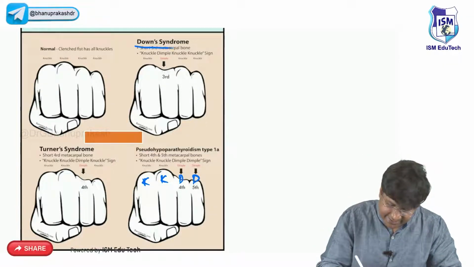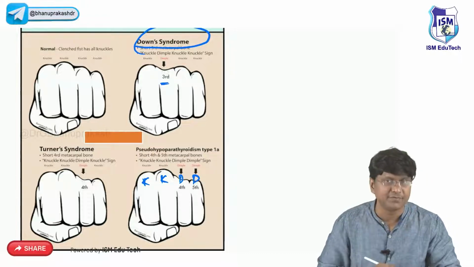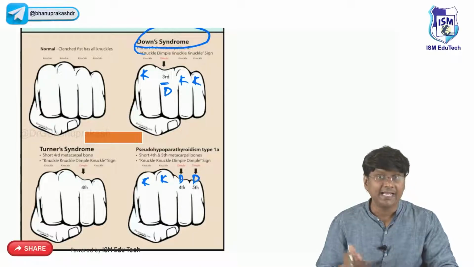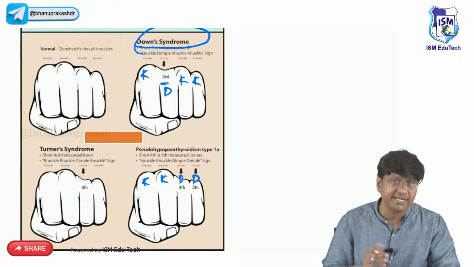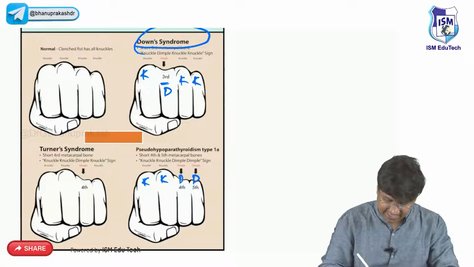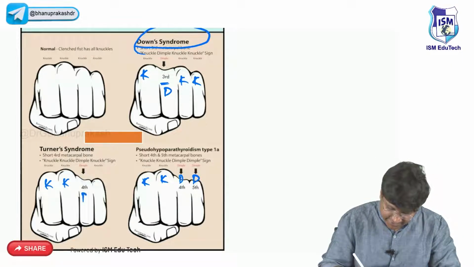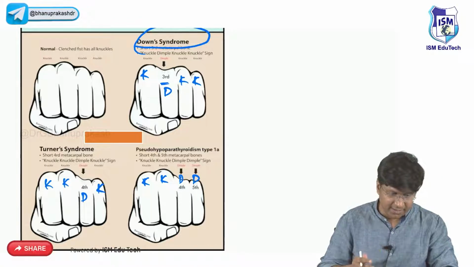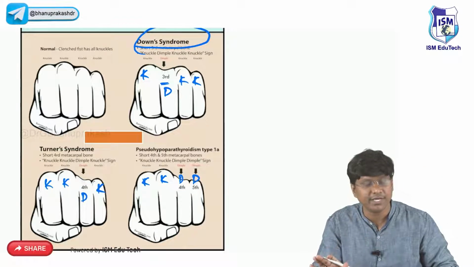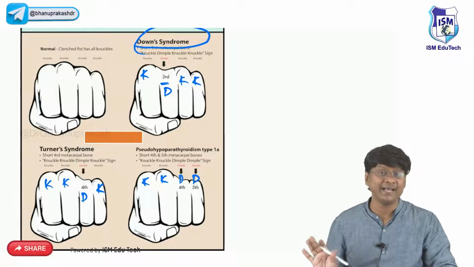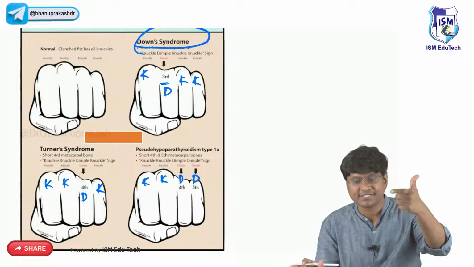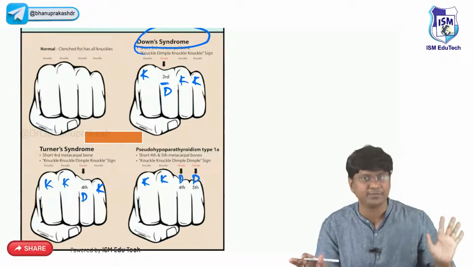In Down syndrome, the third metacarpal will be short, and you will have the knuckle-dimple-knuckle sign. The other condition is Turner syndrome, where the fourth metacarpal will be short. Because of that, when they make a fist, you'll have the knuckle-dimple-knuckle sign. So this is about your parathyroid disorders: hyperparathyroidism, hypoparathyroidism, and pseudohypoparathyroidism.